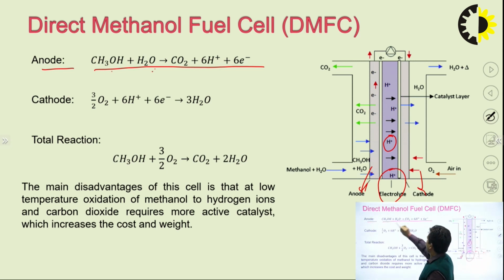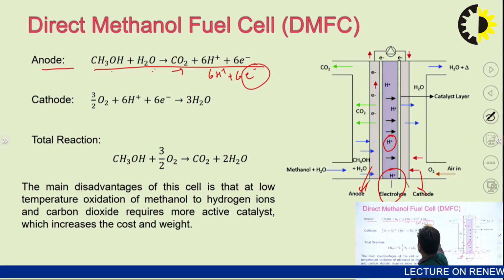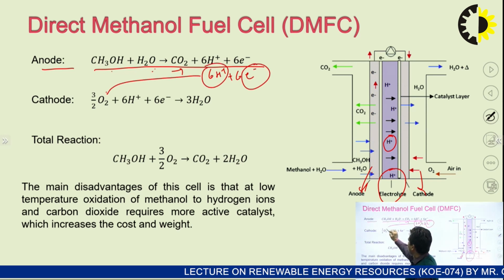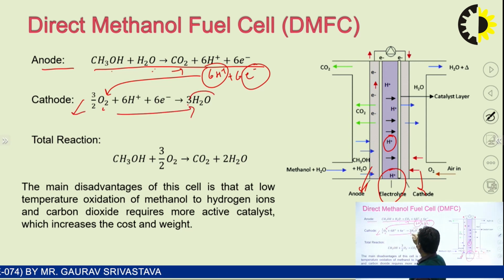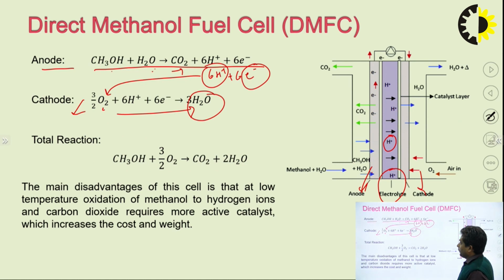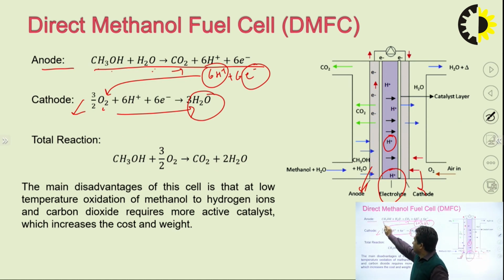Methanol plus water generates carbon dioxide plus 6 hydrogen ions plus 6 electrons. And these electrons and the hydrogen ions combine together at the cathode with the oxygen, and they generate the water molecules. So I have discussed the direct methanol cell and the reaction going on here.